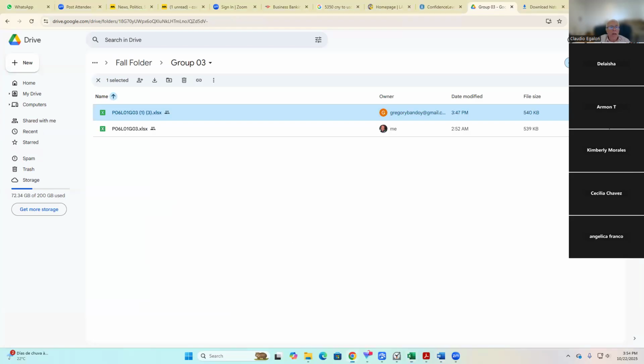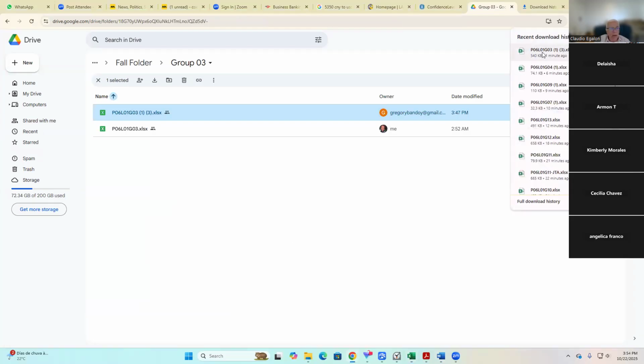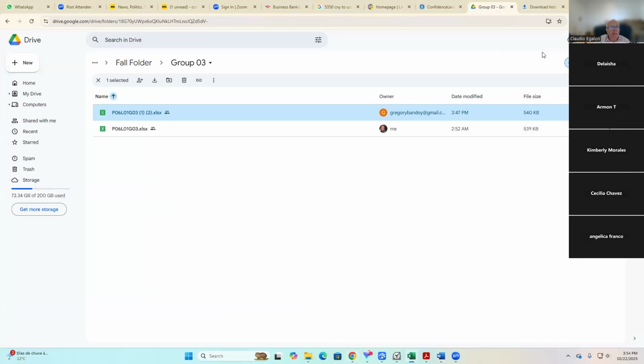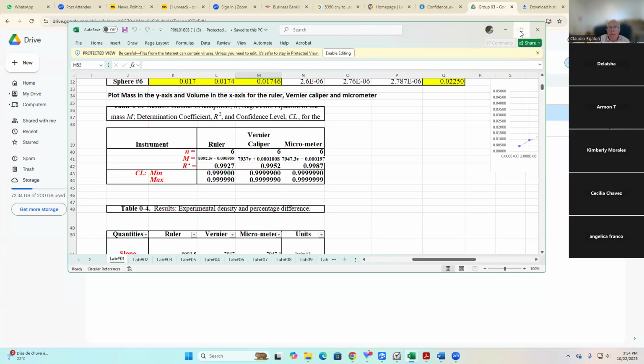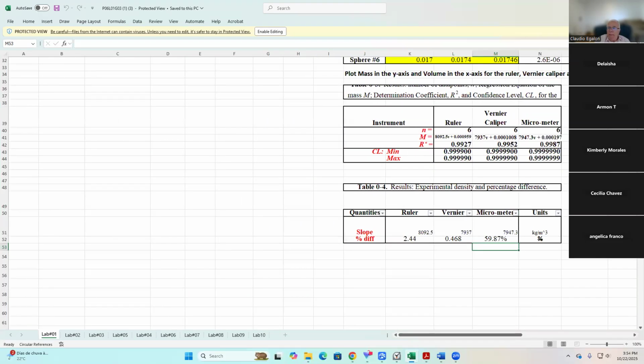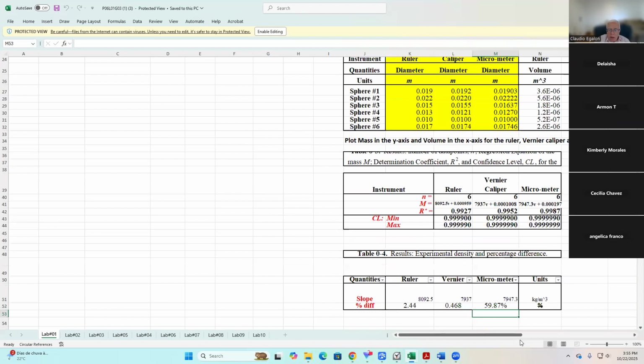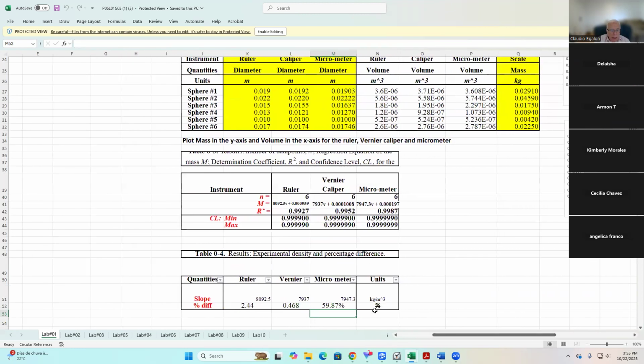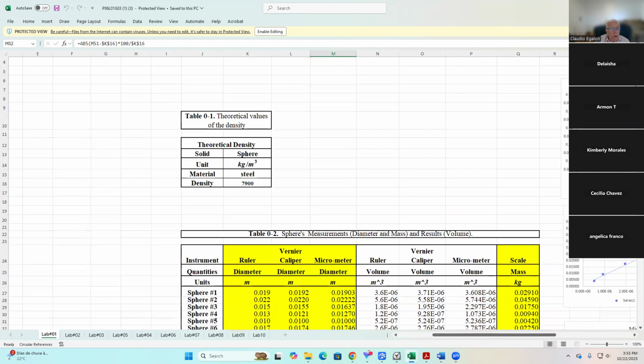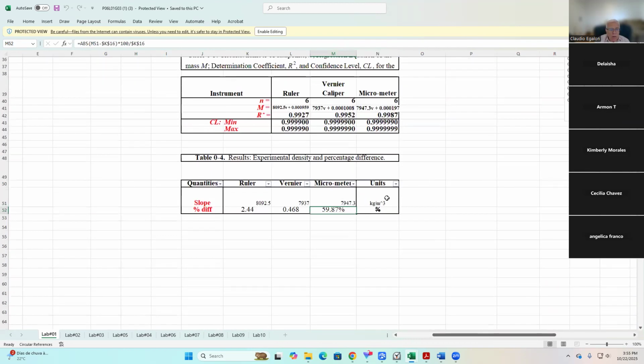Did I download it? I hope so. Let's open it. Ben, Bendoy, and Melissa. Yeah, 59% looks like too much. Why is that? Yeah, there's something wrong here. 59% looks like too much.